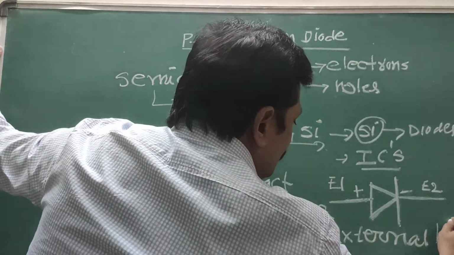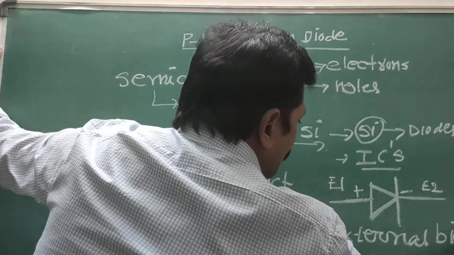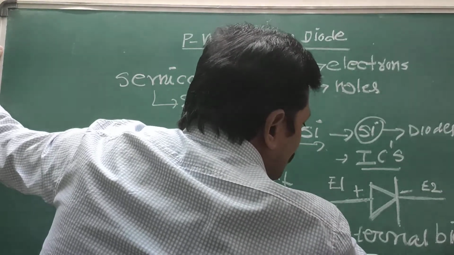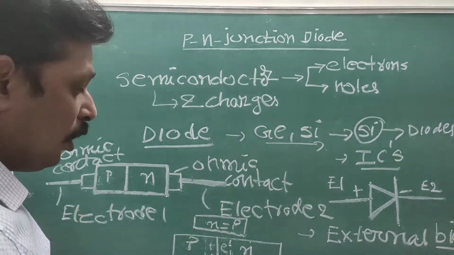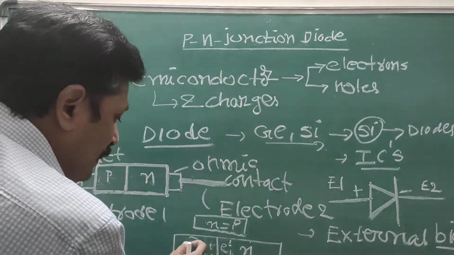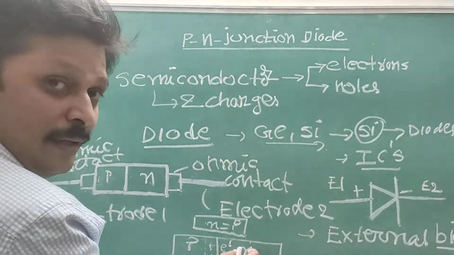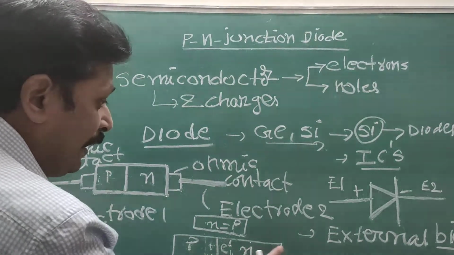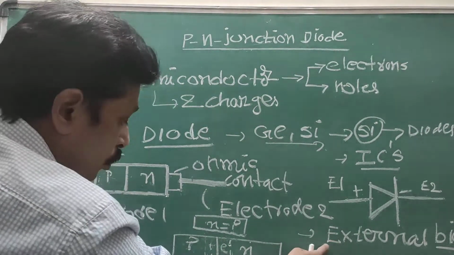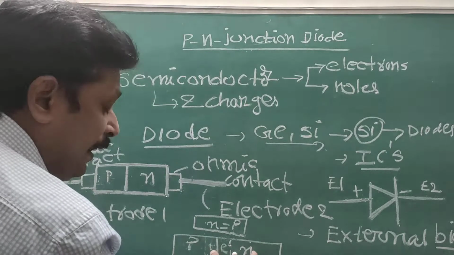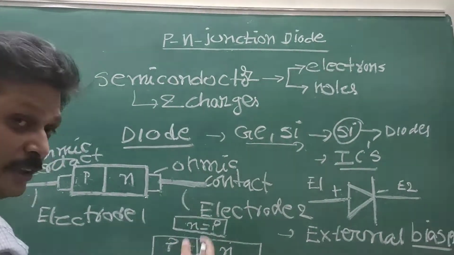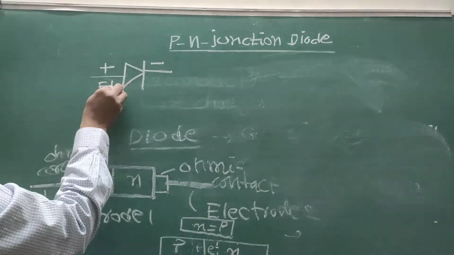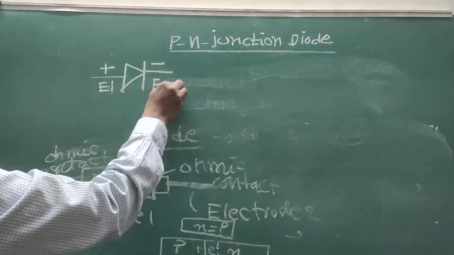Here I am using the term biasing. What is the meaning of biasing? Potential, voltage, energy you have to apply across the P side as well as the N side. Whenever this external bias is applied across the P side and N side, this condition is disturbed. This condition is changed, with electrode 1 on one side and electrode 2 on the other side.